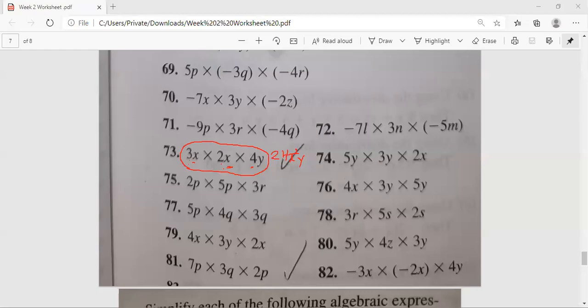Let me go to this. What about 2x multiplied by 4x plus x?